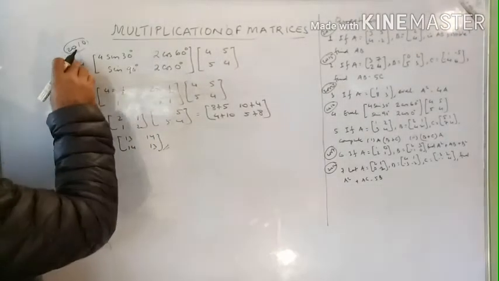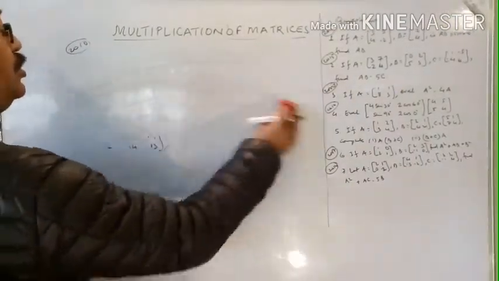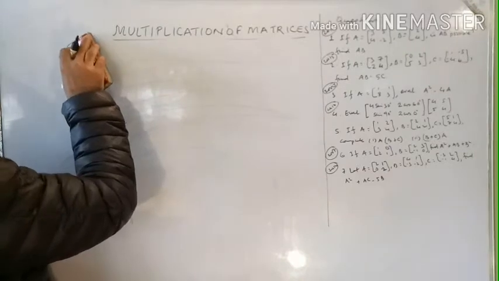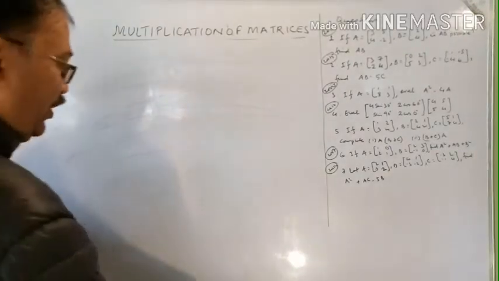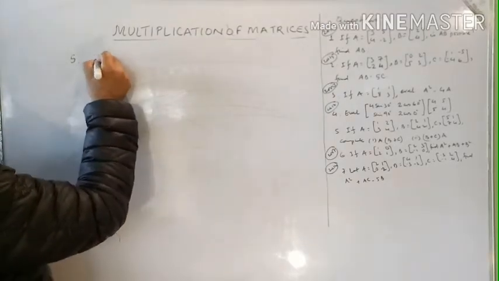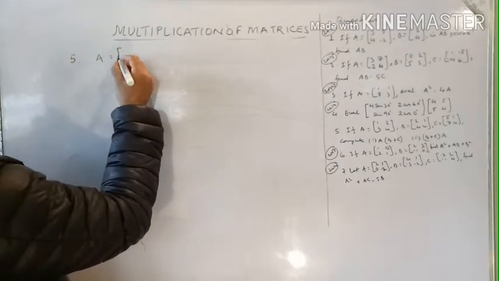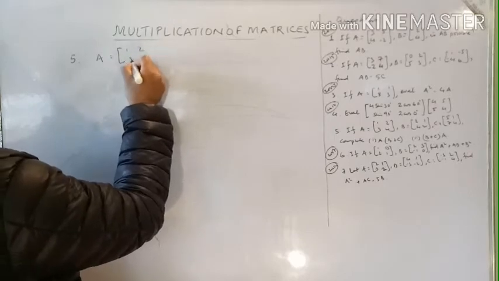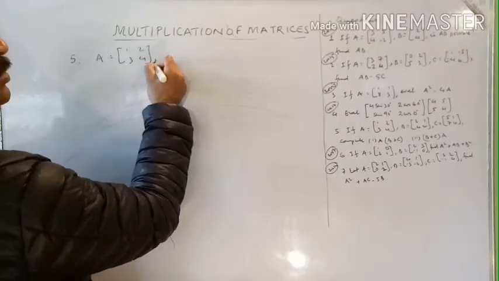Now take one more example. Question number 5. This is not an ICSE question. So A is given 1, 2, 3, 4.